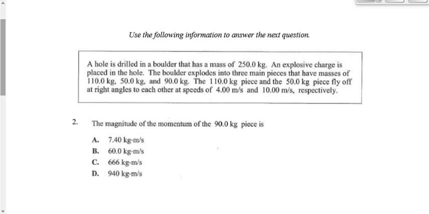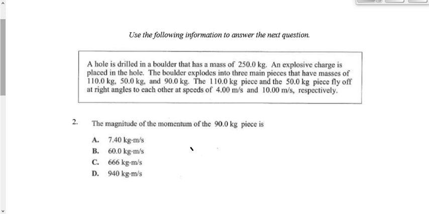East and north, south and west? I don't know. Because we're only looking for the magnitude of the momentum, it doesn't really matter. It would affect the direction, but it's not going to affect the magnitude, as long as we draw it at 90 degrees.